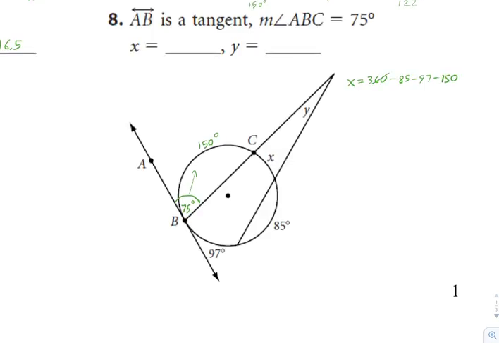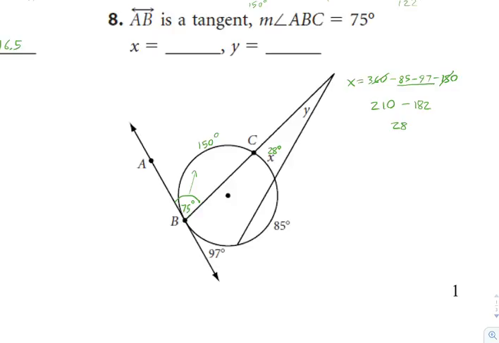I'll say these two, that gives me 210 minus, just putting these two together, that would be minus 182. So we end up getting that is 28, I believe. Okay, so here's 28 degrees for X.